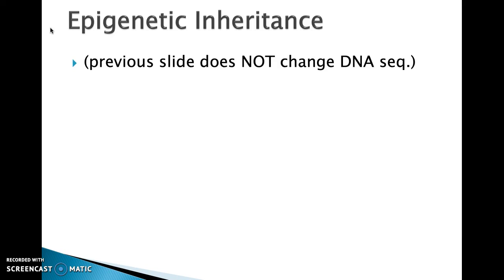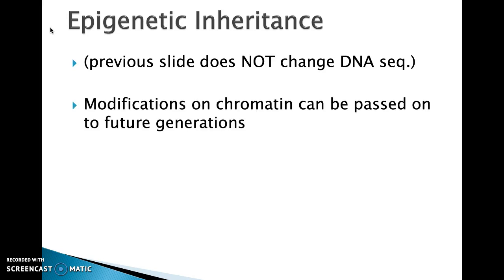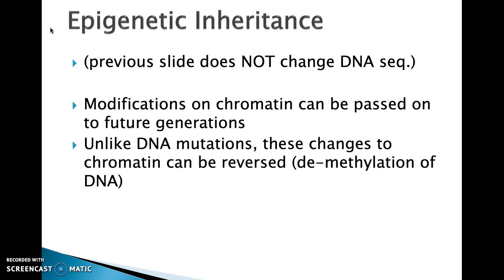We learned a little bit before Christmas about epigenetic inheritance, and these are essentially modifications on the chromatin itself that can be passed on to future generations, again not altering the DNA sequence. So unlike DNA mutations, these changes to chromatin can be reversed.